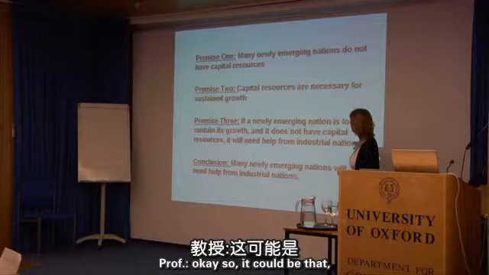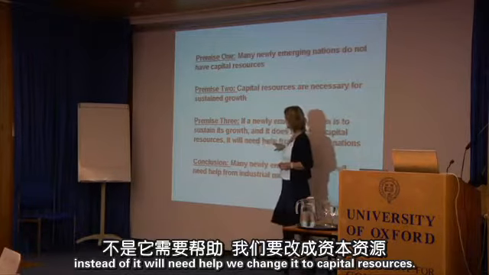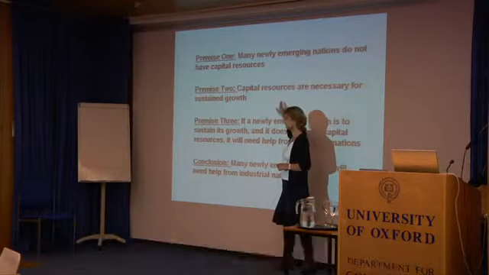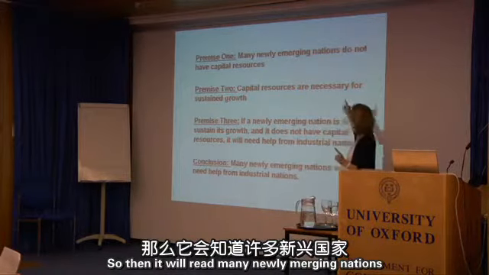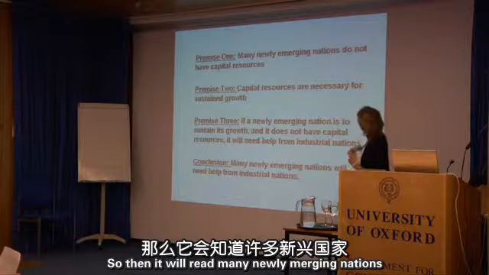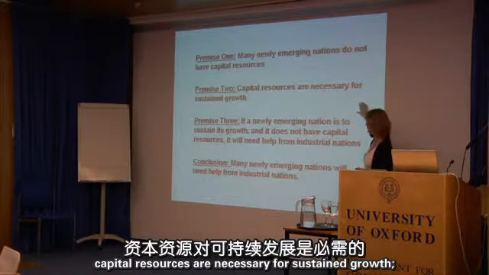Okay. So it could be that instead of it will need help, we should change that help to capital resources. Do you see what I mean? So it would then read, many newly emerging nations do not have capital resources. Capital resources are necessary for sustained growth.